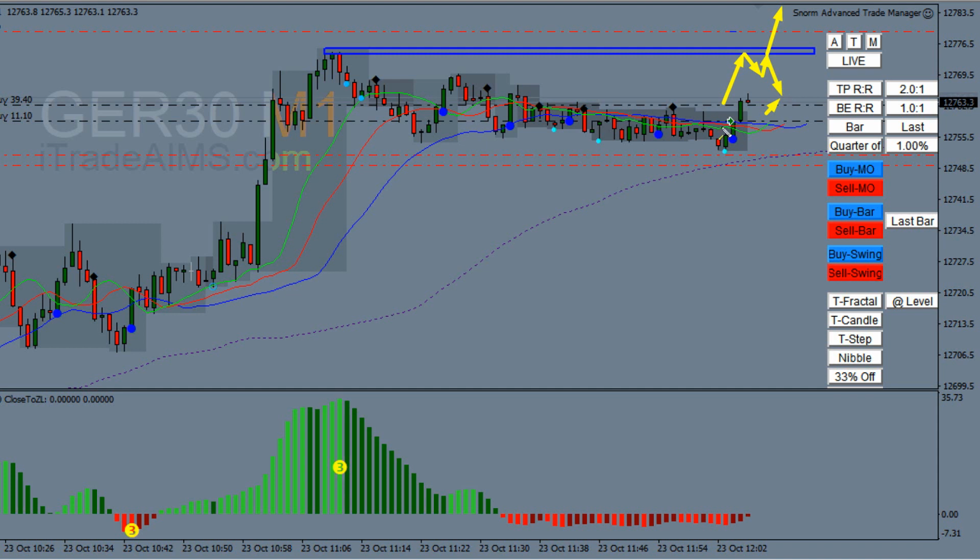So by the rules of the wave principle, when there's a certain amount of growth, let's say 10 points up, then I don't want 10 points down. This is against the wave rule.